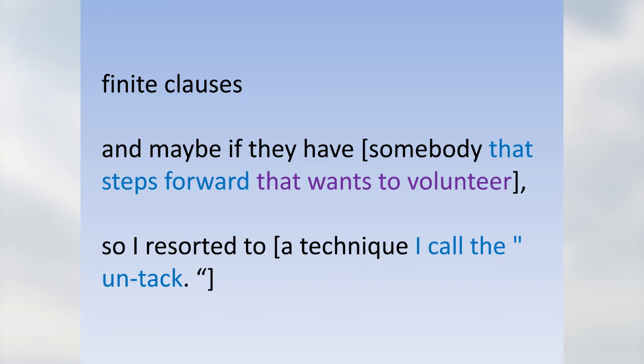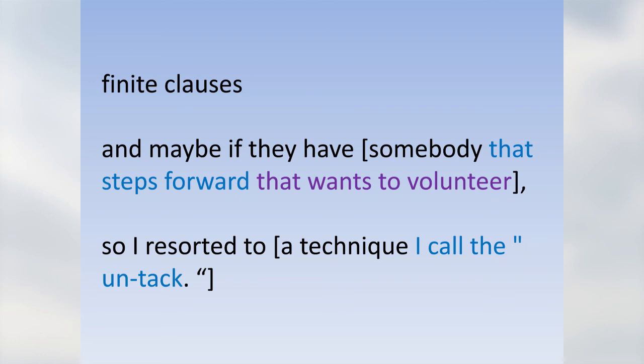They usually start with that or who, or which, but there are a lot of cases in English where we can drop that. So here's an example of that for you in the next one. I resorted to a technique I call the untack. It could be a technique that I call the untack, right? But it doesn't have to be there. That doesn't have to be there to make the clause a relative clause that modifies the head.